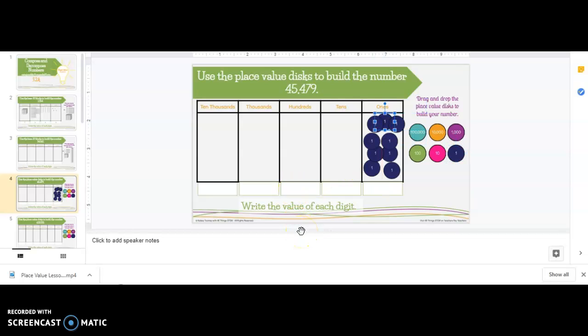So there's 9 ones. How many tens do we have in our number 45,479? Good, we have 7 tens.